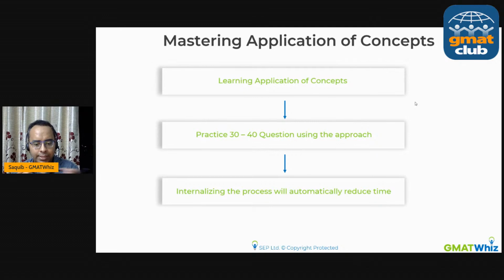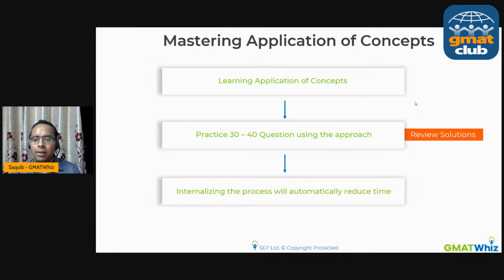While reading the question, you should be able to understand, hey, this information will help me set up an equation, so let me do that very quickly. But this only happens once you internalize the process. Otherwise, it's not going to work out. You'll keep on wondering why you're not improving in SC, CR. And as I mentioned, for any part, be it mocks or quizzes, review is the most important step.